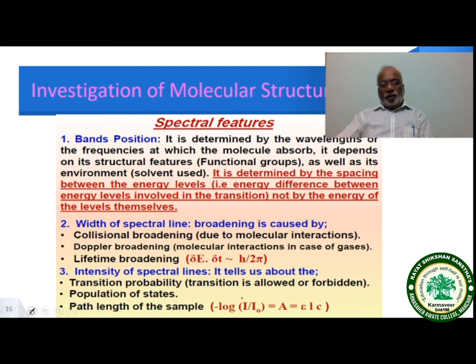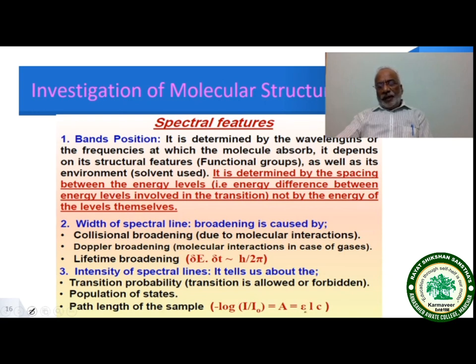The path length of the sample we can measure by using this particular equation: A equals epsilon L C, where A is the absorbance, which is defined by the equation minus log of I upon I0, where I0 is the initial intensity of the radiation, and I is the intensity of the radiation transmitted from the sample.